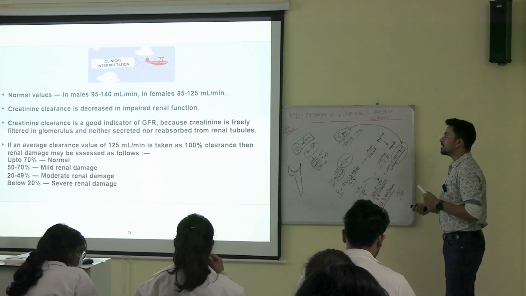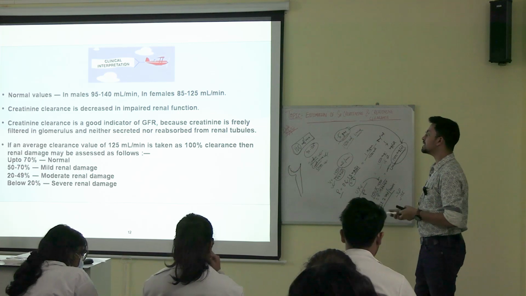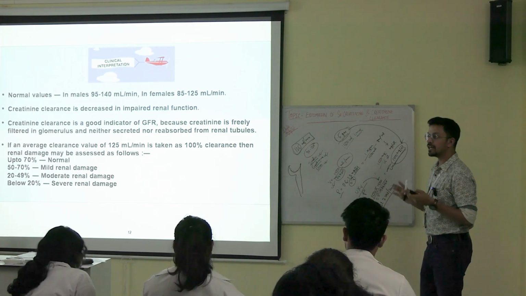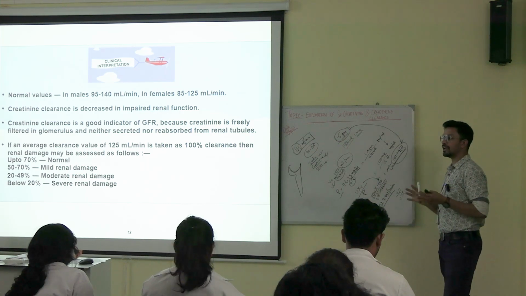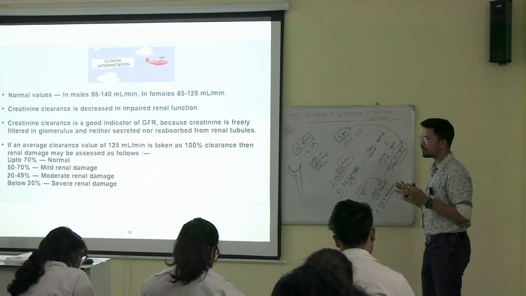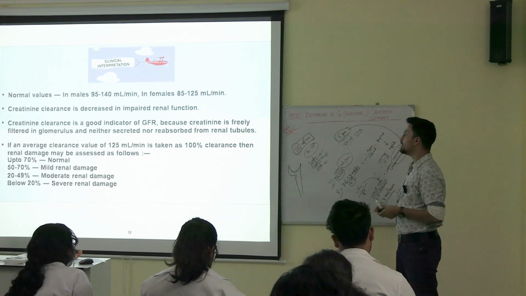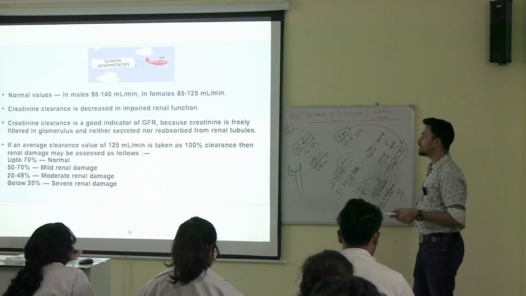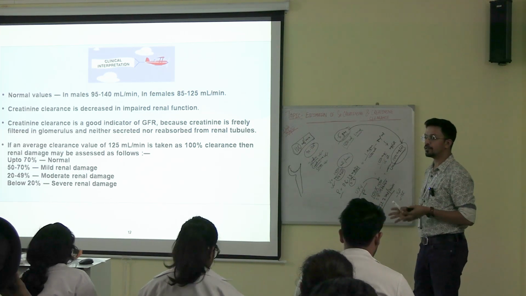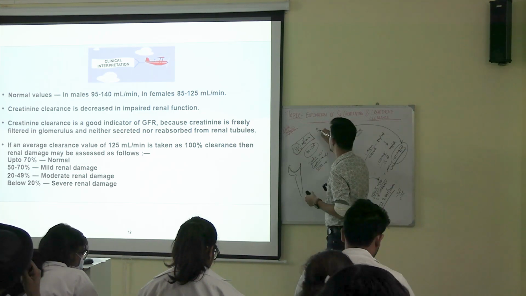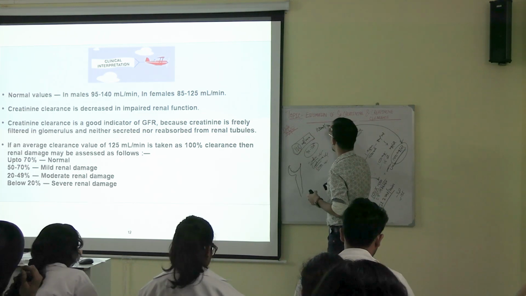Now, on average, 125 ml per minute is taken as 100% clearance. It means if a patient has a clearance of 125 ml per minute, we are saying that this is 100%. Everything is getting cleared out. Now, if we take 125 as 100%, up to 70% value is taken as normal. Let's say somebody is having 100 ml per minute.